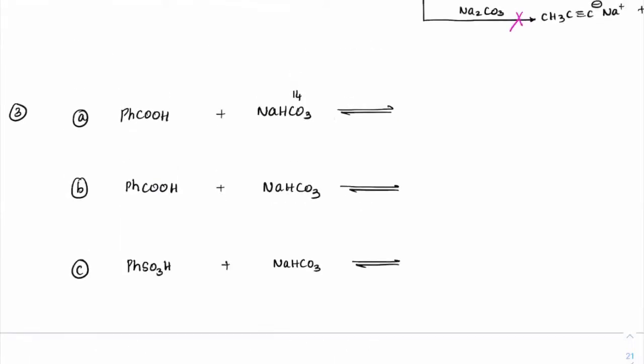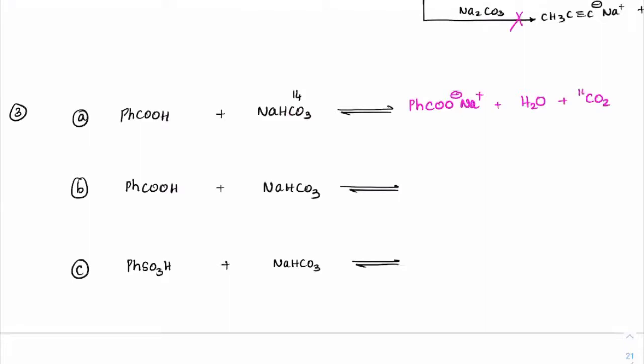These are all about the bicarbonate test. So if we take PhCOOH, suppose this carbon is isotopic, of carbon 14. In that case, the product we are expecting is PhCOO minus Na plus, H2O plus CO2.